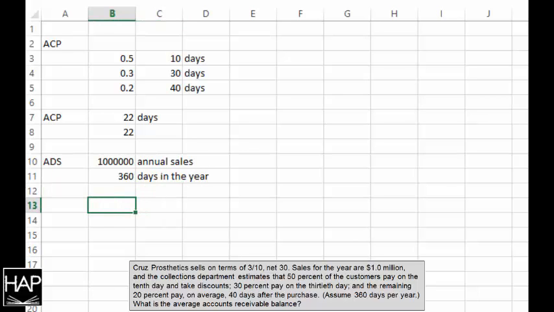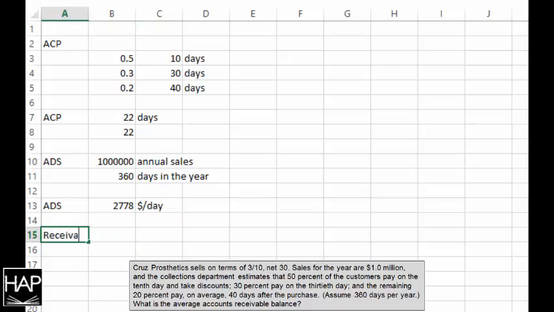So the average daily sales is equal to the annual sales divided by the number of days in the year. So the average daily sales is $2,777.78, or if we round up, it's just $2,778. So that's the amount of sales per day.